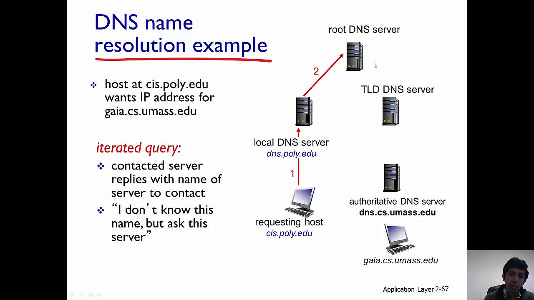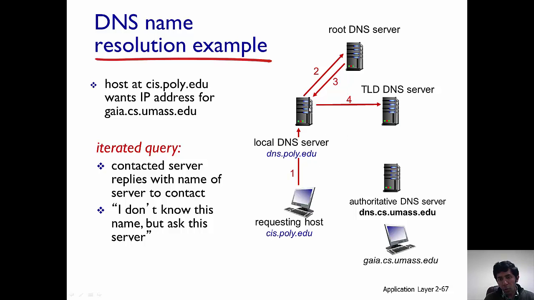The root DNS server is going to provide a response back to the local DNS server, dns.poly.edu, giving it the IP address of the TLD DNS server. Note that the TLD DNS server that it's going to return is basically the edu DNS server.